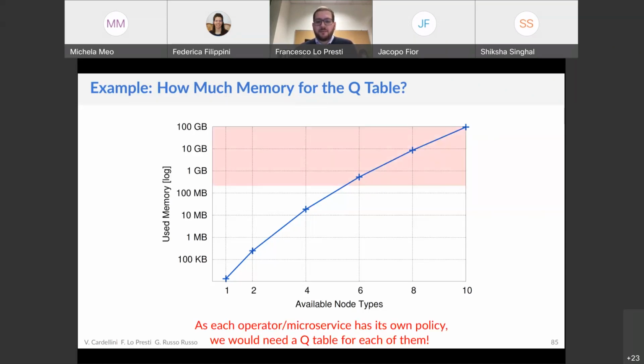And we must keep in mind that we are assuming that we are controlling the auto-scaling for single application components, be they microservices or something else. Each component has its own policy, and we will need a Q table for each of them. So clearly, this kind of approach doesn't scale if we need to store tens of gigabytes of memory for each component just to control auto-scaling.